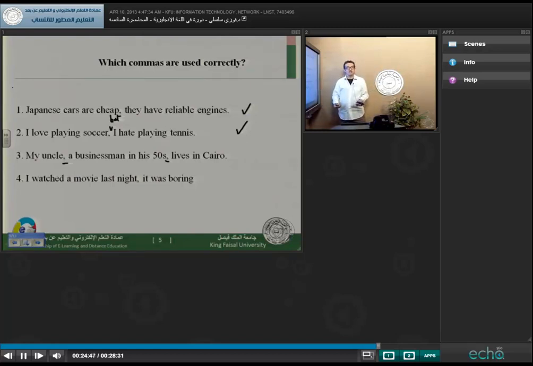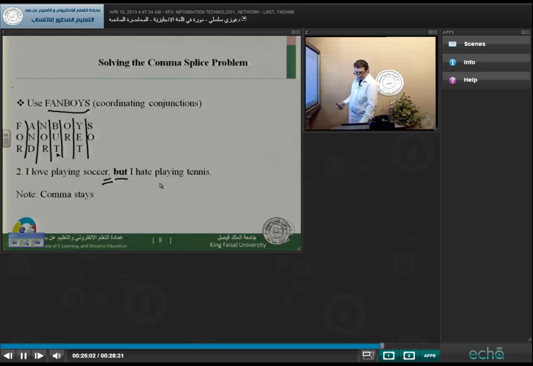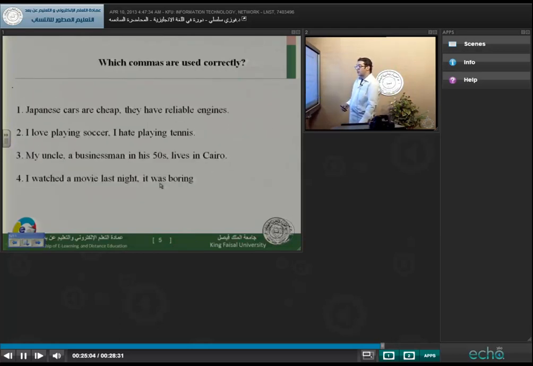That's the sentence. And we have this clause, which we tucked in the middle to organize the writing. So my uncle, comma, a businessman in his 50s, lives in Cairo.